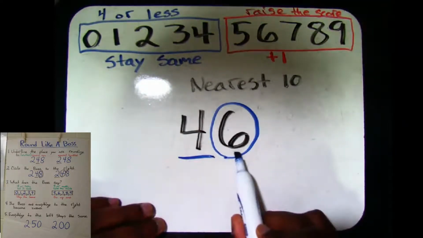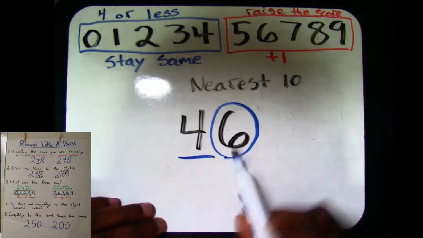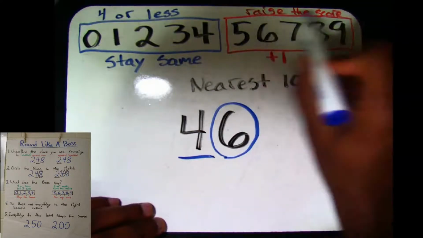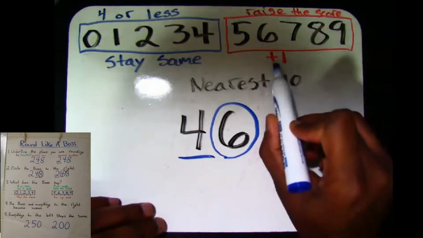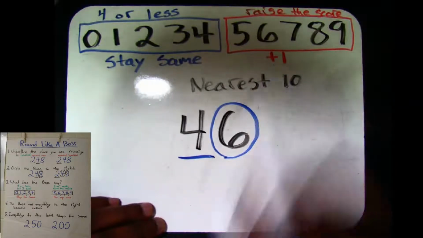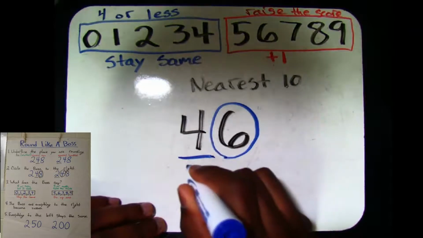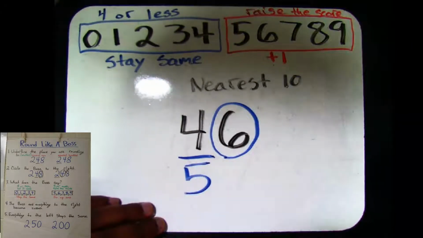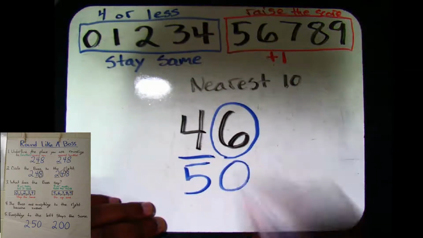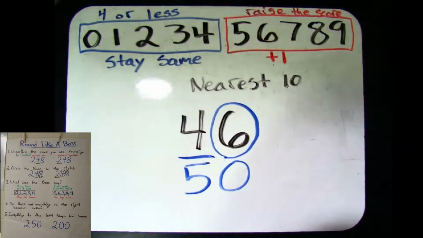So my boss in this number is a 6. A 6 tells it to raise the score. So that means that worker is going to go up 1. If I'm 4 and I go up 1, I'm going to become 5. And our boss is now going to become a 0. So 46, when rounded to the nearest 10, is going to become 50.